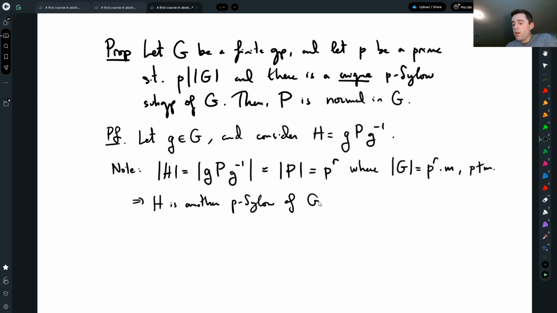of G, but there is only one. We are assuming that there's a unique p-Sylow, that n_p is 1.